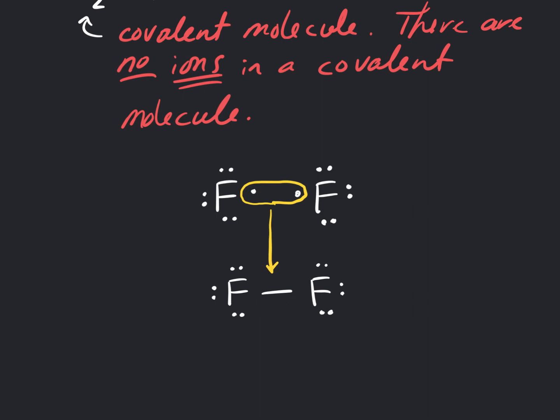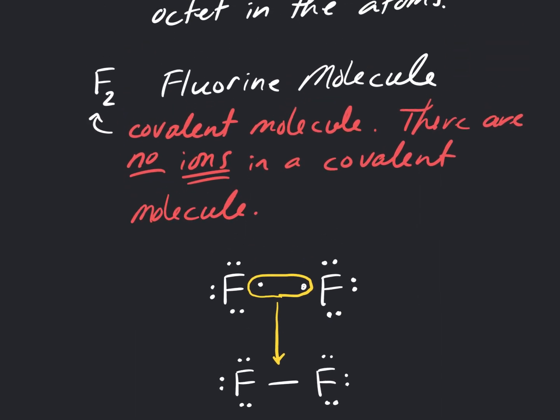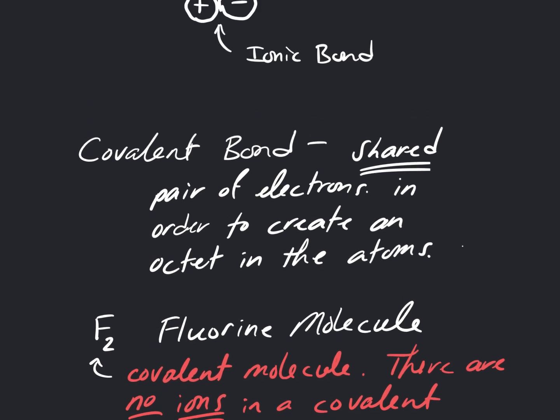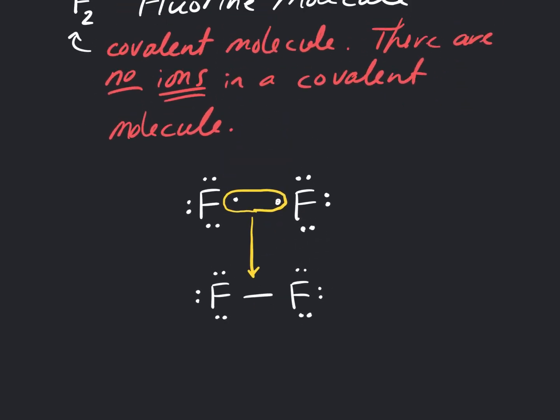So in order for me to count the octet around both of these atoms, we're creating an octet, okay, around each atom, which is going to create a stable atom, okay? Again, I'm showing you this shared pair of electrons in order to create an octet in the atoms.